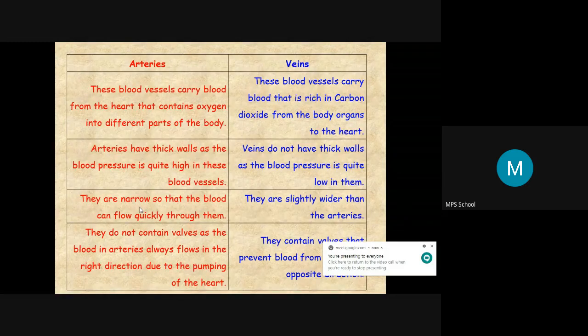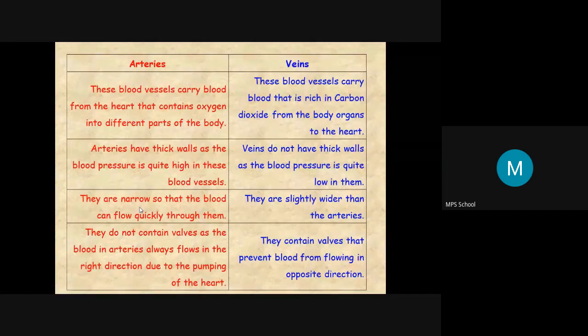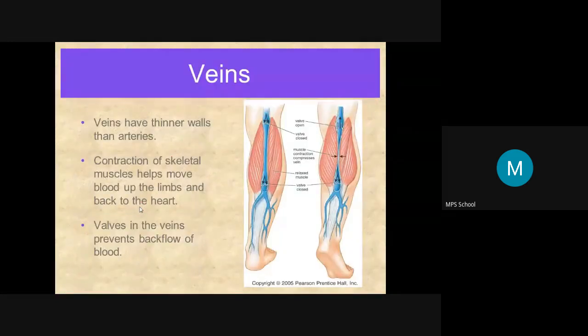These are three points. And the fourth point, in arteries there are no walls present. What is the wall? You have seen the wall in the heart, which prevents the blood from falling back. It will prevent it from flowing back to the previous place. In arteries there is no wall. In veins there is a wall because it is wider. Here you see this blue color is your vein.